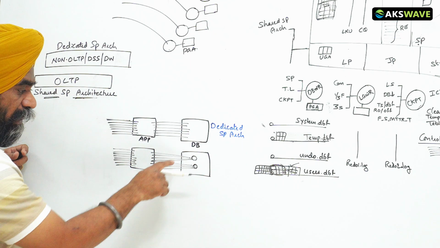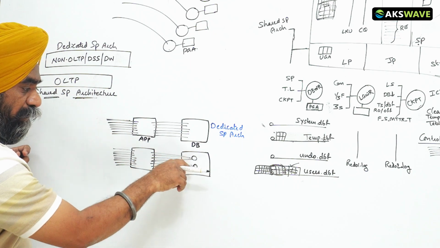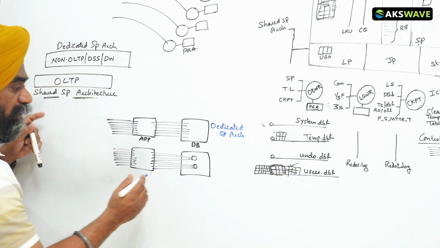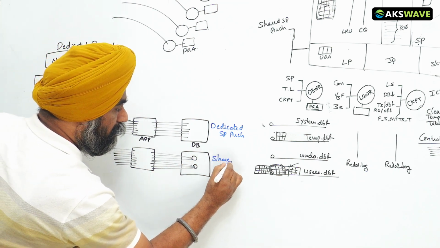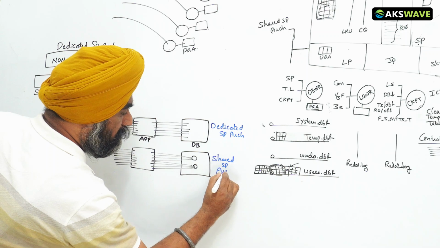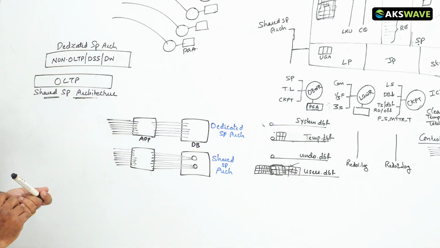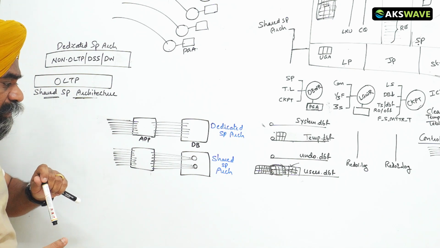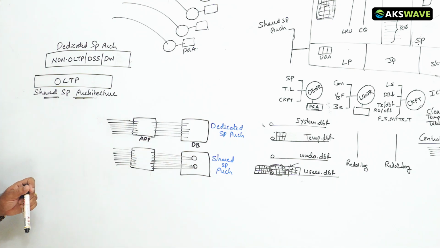Correct? We have very few. Many user requests are just processed by only two. What is this architecture? We discussed. This is our shared server process architecture. Correct? Okay. Then you need to do the configuration.